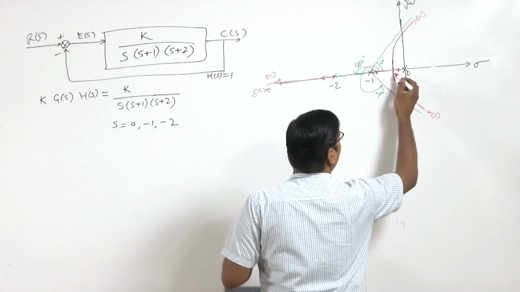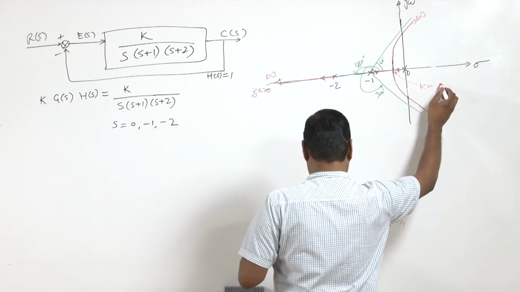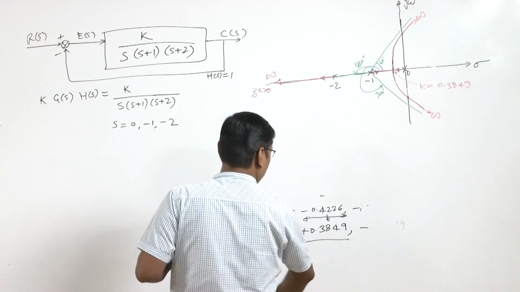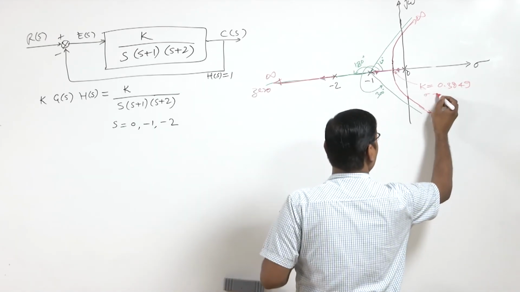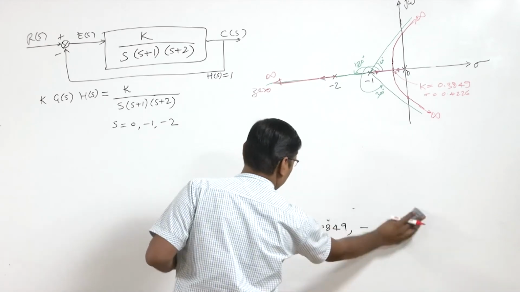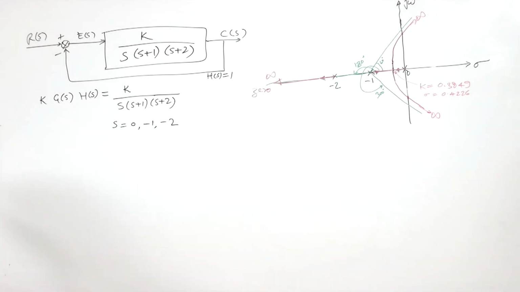This is going to occur at k equal to 0.3849 and at sigma equal to 0.4226. So, we have to find the j omega axis crossing.